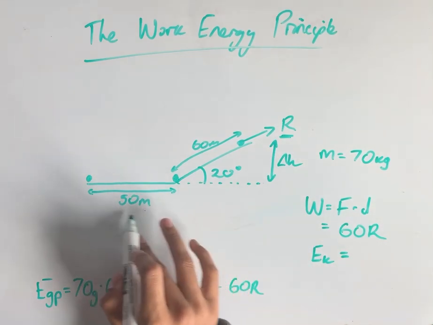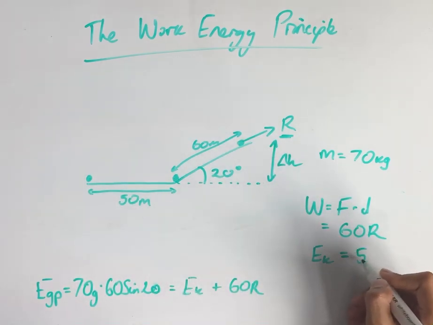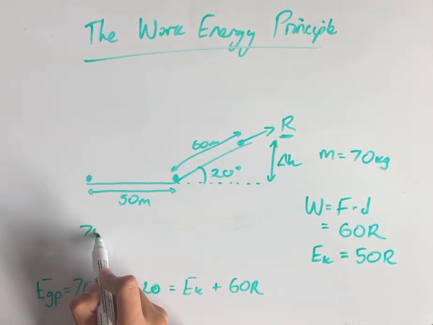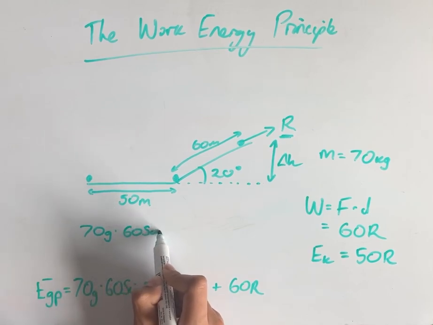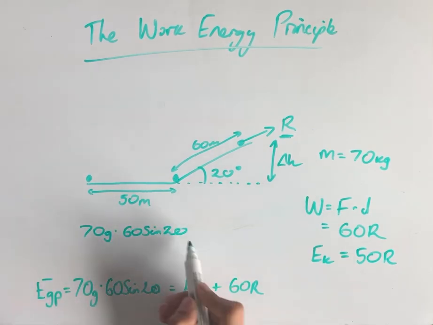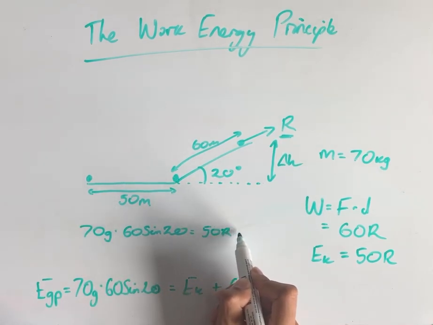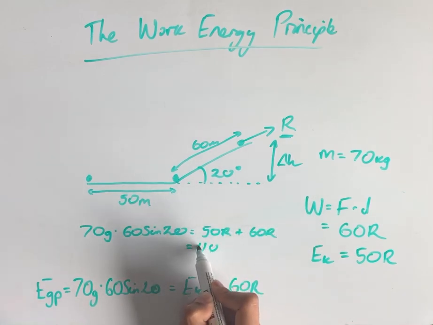And as we travel 50 meters, and we know the resistive force is R, we can deduce that EK is equal to 50R. So now we come up with 70g times 60 sine 20 equals 50R plus 60R, which is equal to 110R.